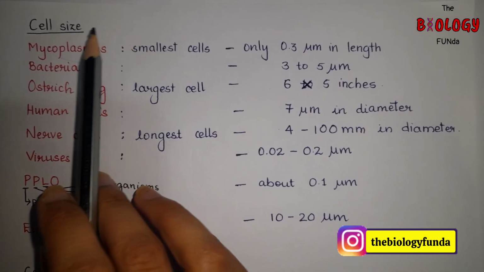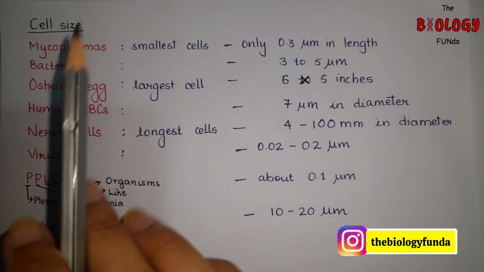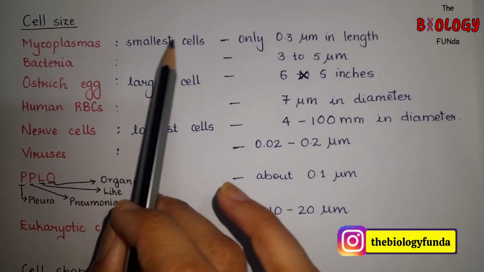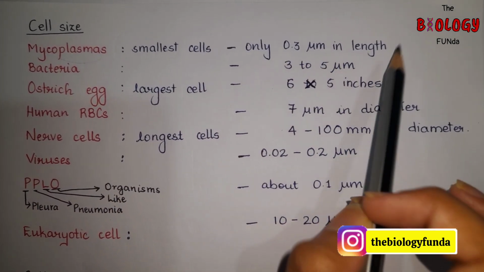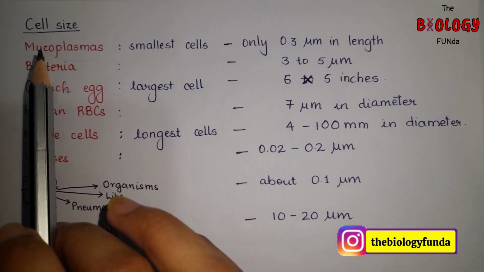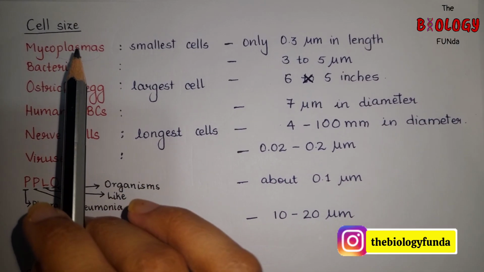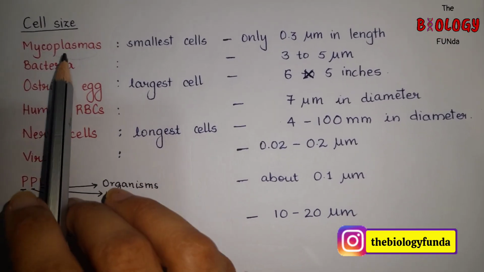These are the sizes of cells given in NCERT. Let's move towards this. Mycoplasmas are smaller cells which are only 0.3 micrometer in length. They are actually bacteria. You can call them smallest bacteria, smallest prokaryotic cell and smallest living cells.